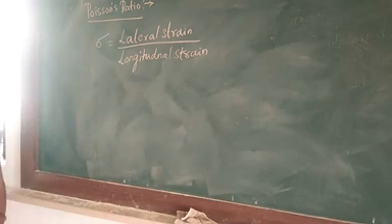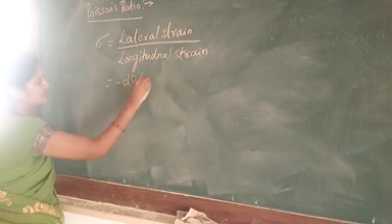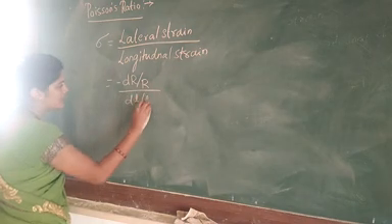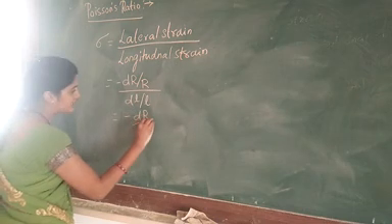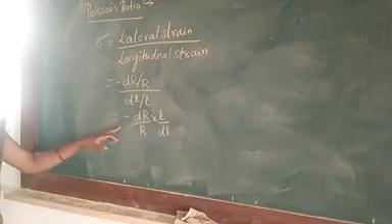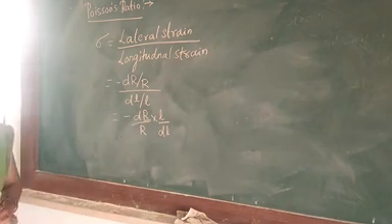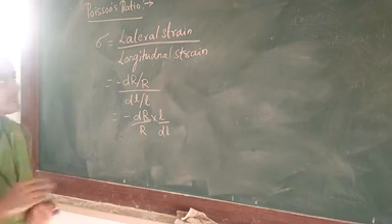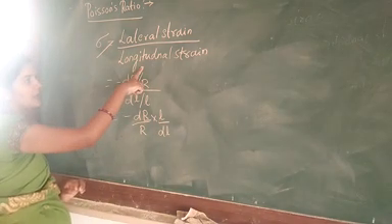It can also be written in the form of dr by r for the lateral strain, and for the longitudinal strain we consider dl by l. Or this can also be written as minus dr by r into L divided by dl. The negative sign tells that if R increases, L decreases. This is about the Poisson ratio, which is always denoted by sigma. Sigma is the ratio of the lateral strain by the longitudinal strain.